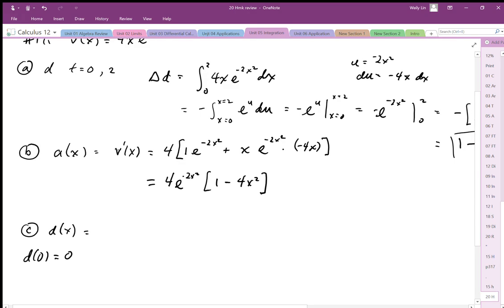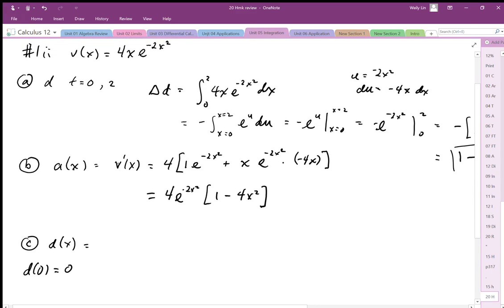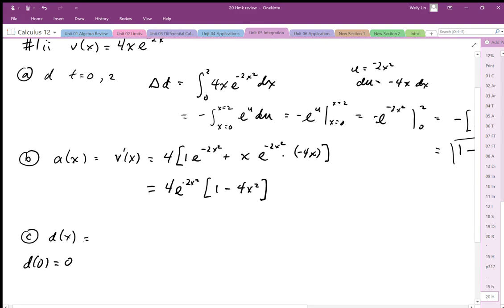So we want to solve for the d value. We're going to end up using the antiderivative, which we'll just use as the one up here. So we know that d of x is equal to negative e to the negative 2x squared plus c.